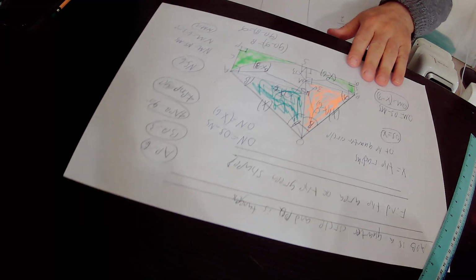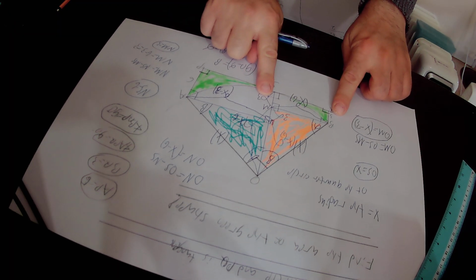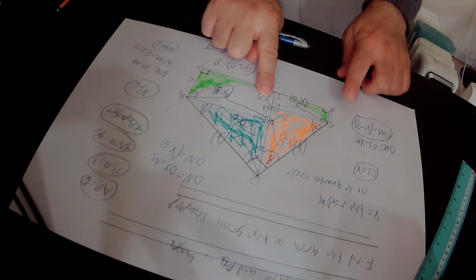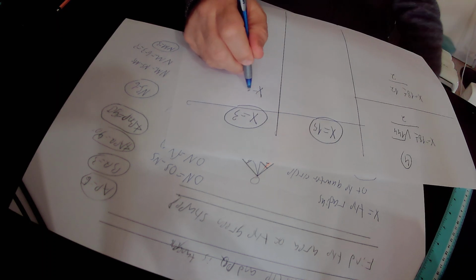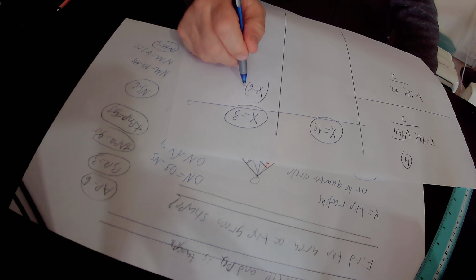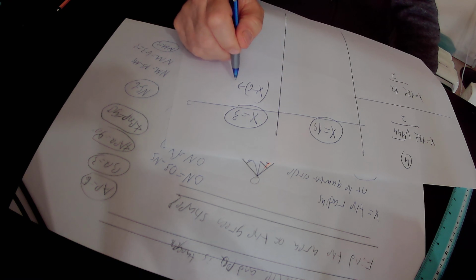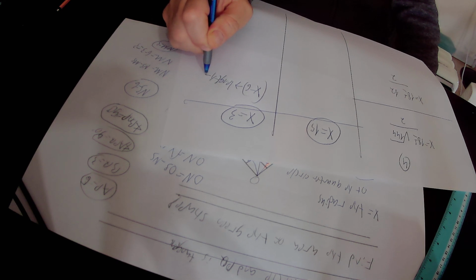We found out that the length of line segment BM is equal to x minus 6. So x minus 6 is the length of a side. As a length, it must be a positive number.